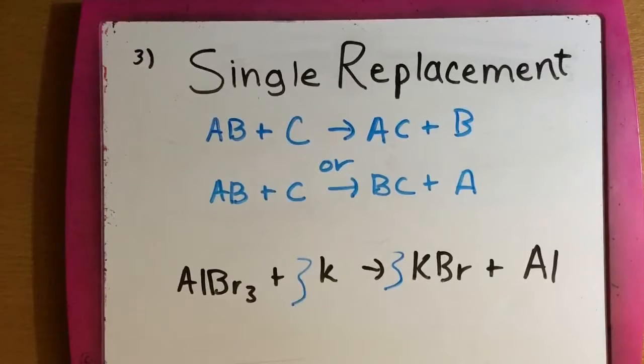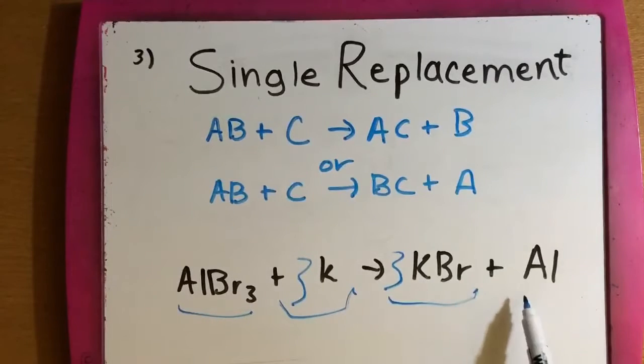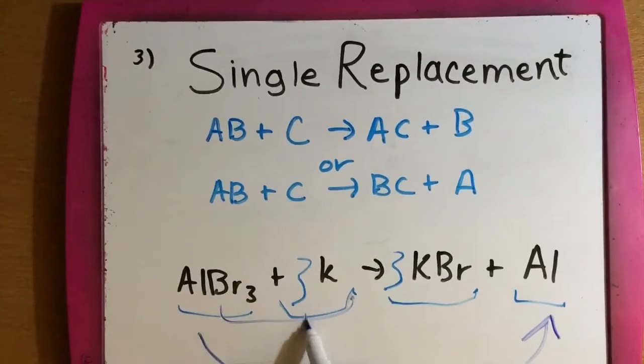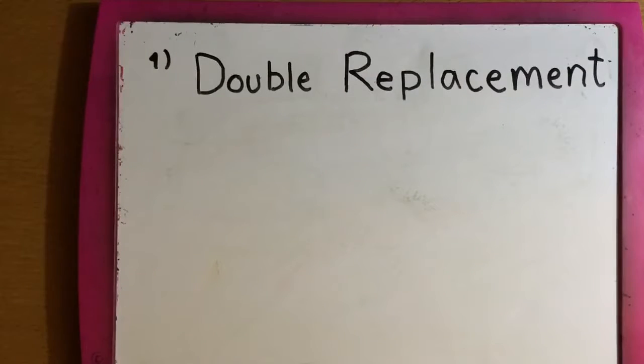So you have a compound here that reacts with an element to form a new compound and a new element. Except the only difference is that aluminum was kicked out all the way over here, and now both of these join together to form a new compound.